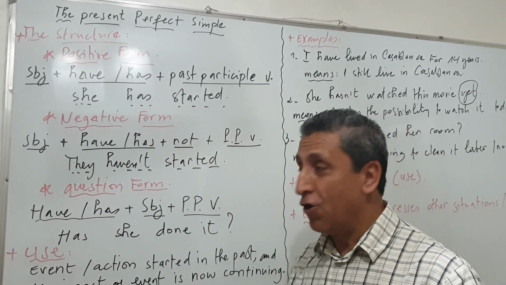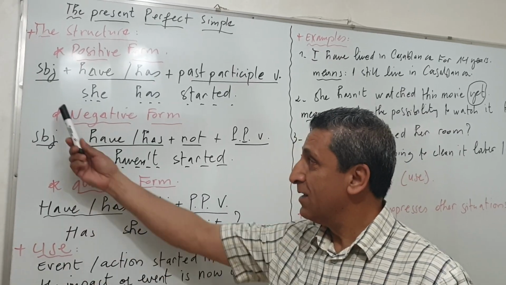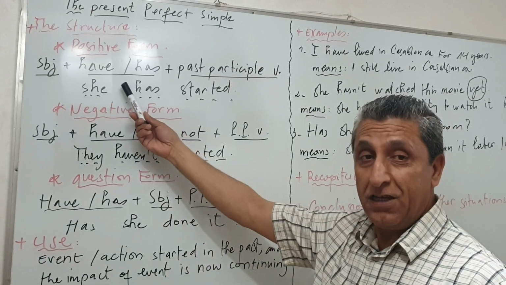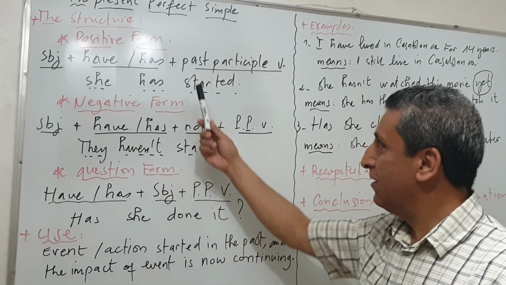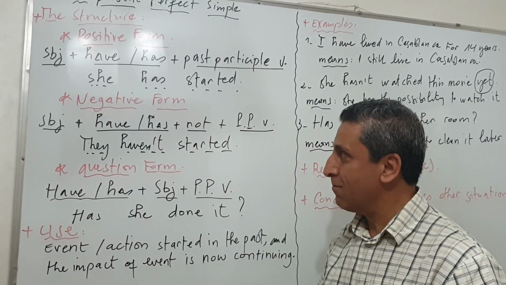So the positive form, the structure is subject plus the verb have or has, plus past participle of the main verb.